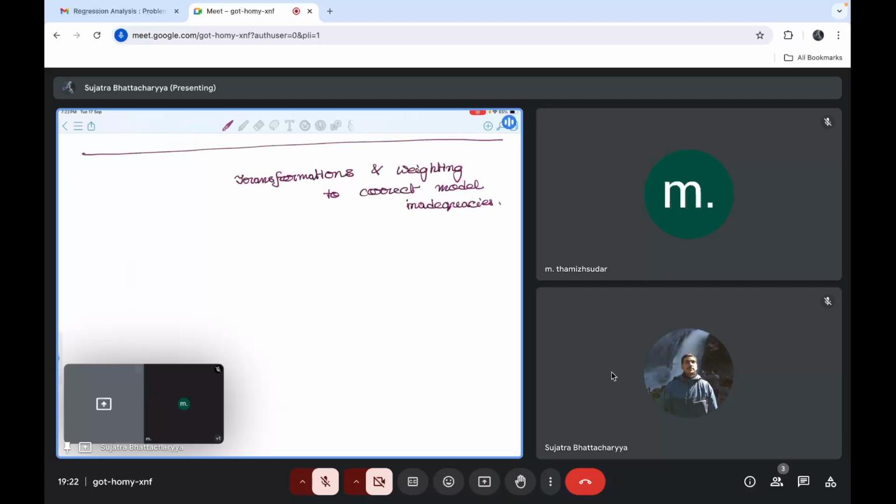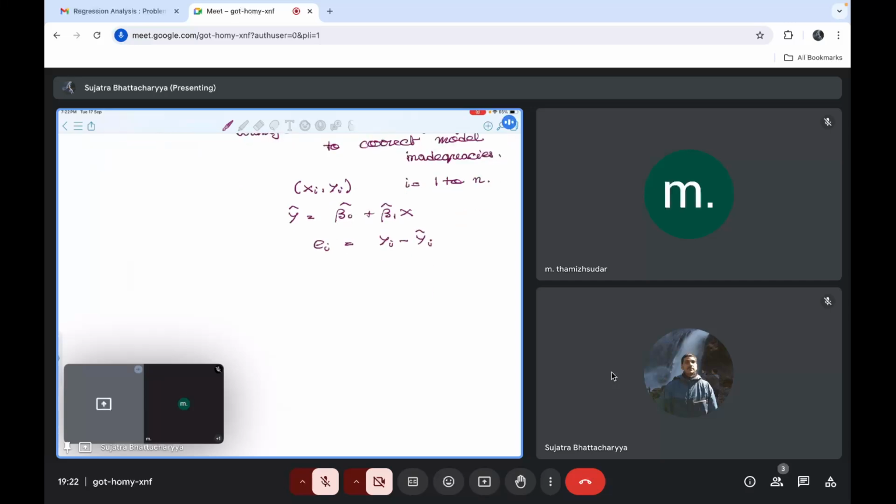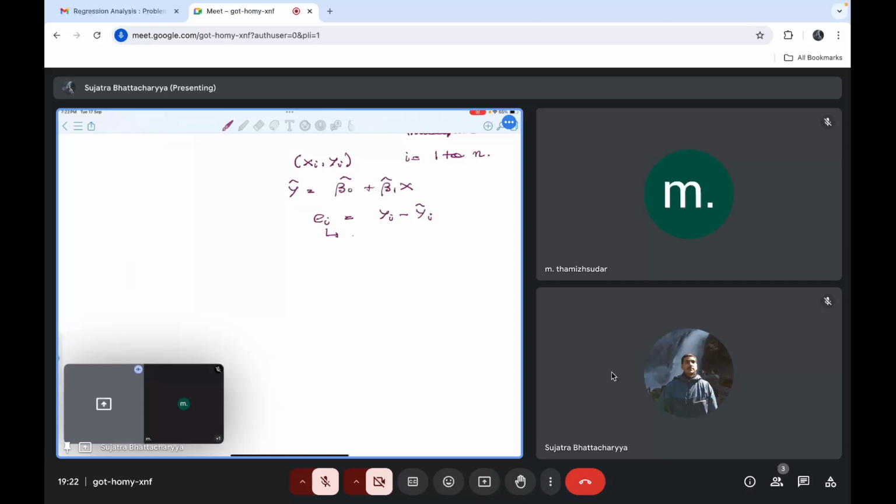Suppose you have x_i, y_i, one of the points where i goes from 1 to n, and suppose it's just a simple linear regression model, y hat equals beta 1 hat x. So what is your e_i? We know it is y_i minus y_i hat. This is the ith residual. This is the ordinary residual, people can say.